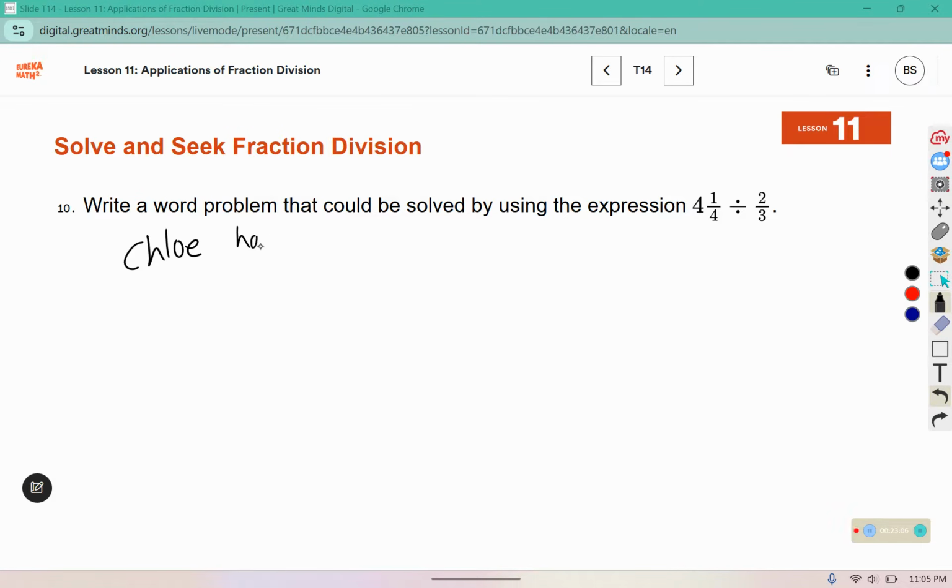Chloe has a recipe that calls for 2/3 of a cup of brown sugar.